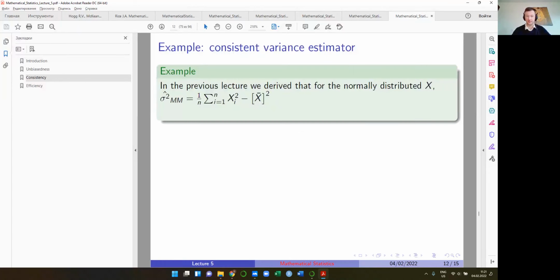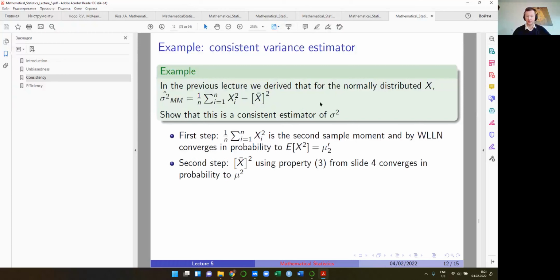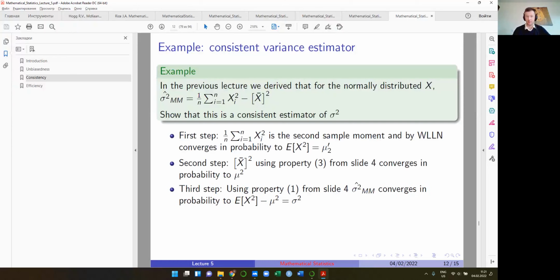Well, good. I know that this converges to E of x squared, this converges to mu squared. Their difference, therefore, converges to this difference. And I know that this difference is what? It is sigma squared. Therefore, we showed that the method of moments estimator for variance is consistent, but biased.